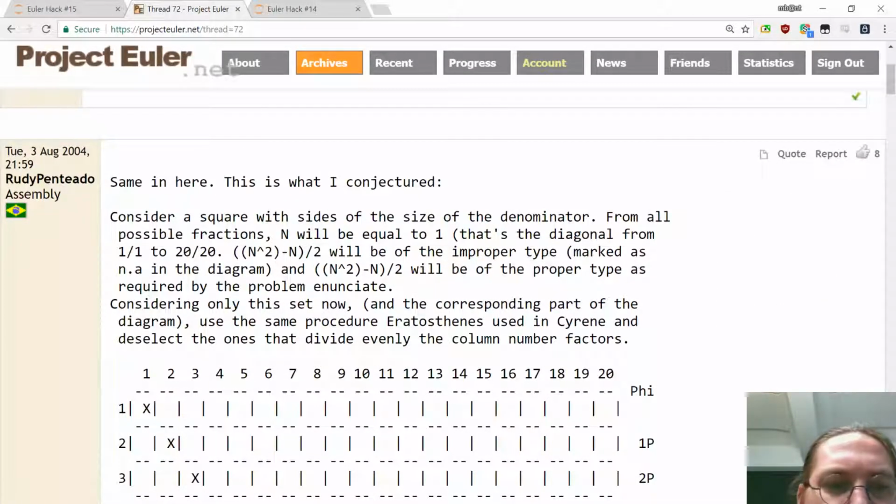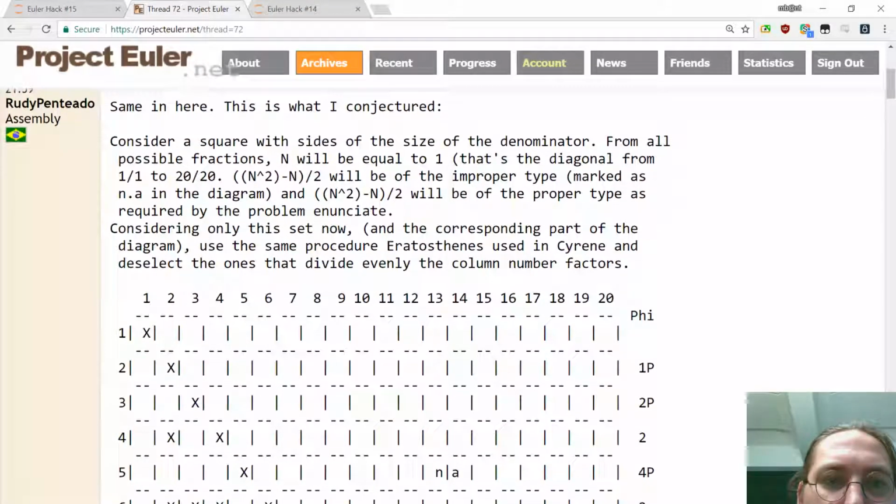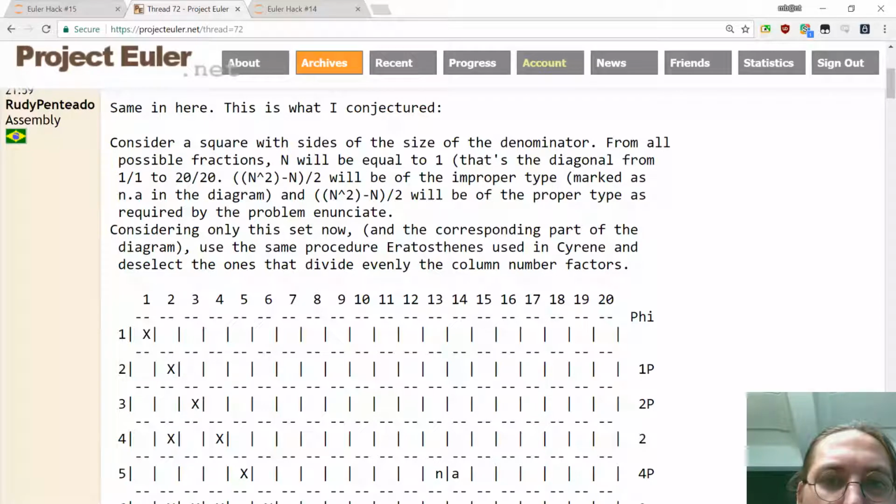Let's see. Consider a square with the sides of the size of the denominator. All possible fractions n will be equal to 1, and square minus n will be of the improper type.